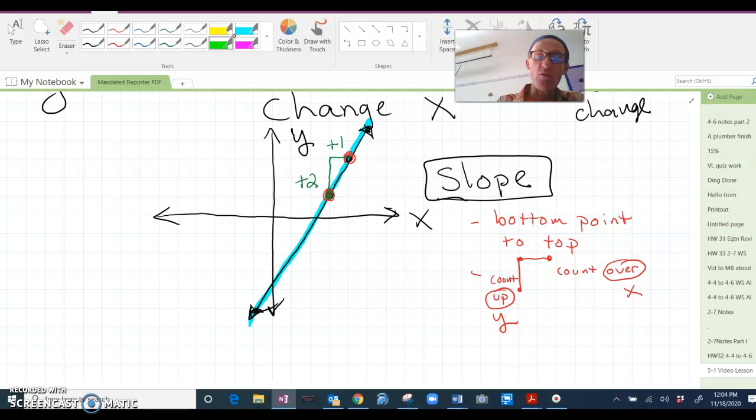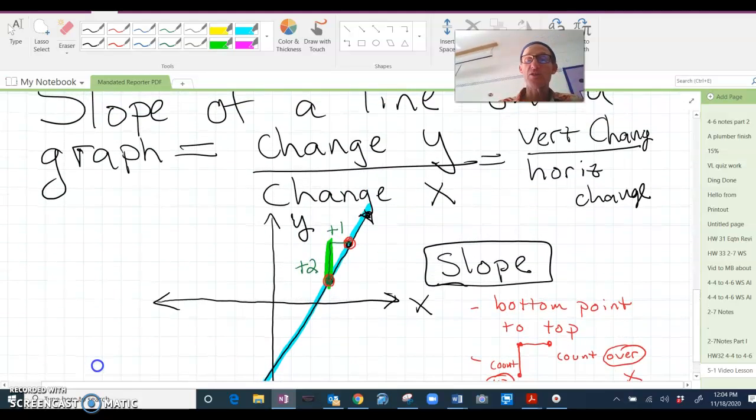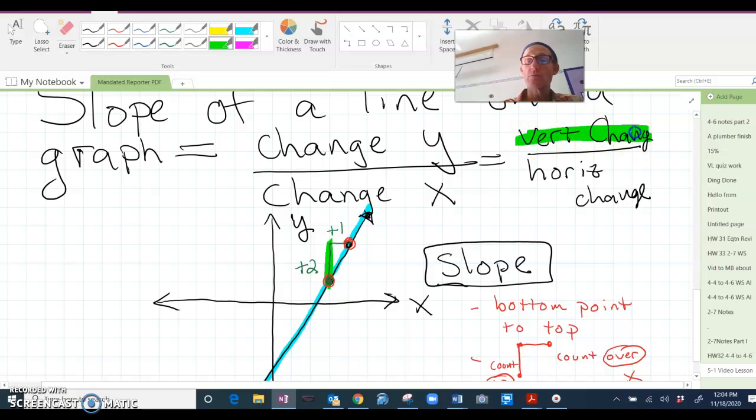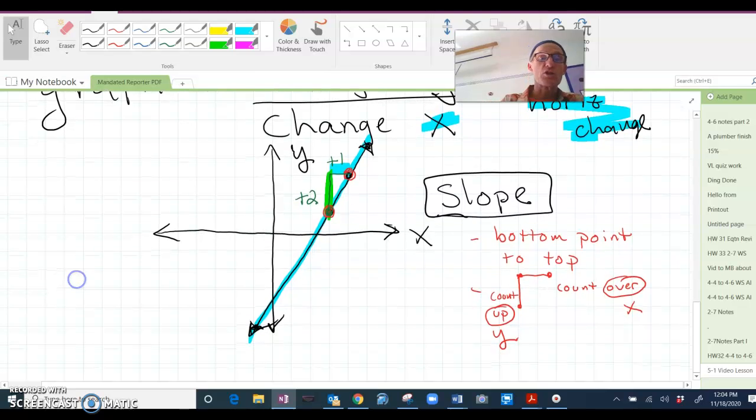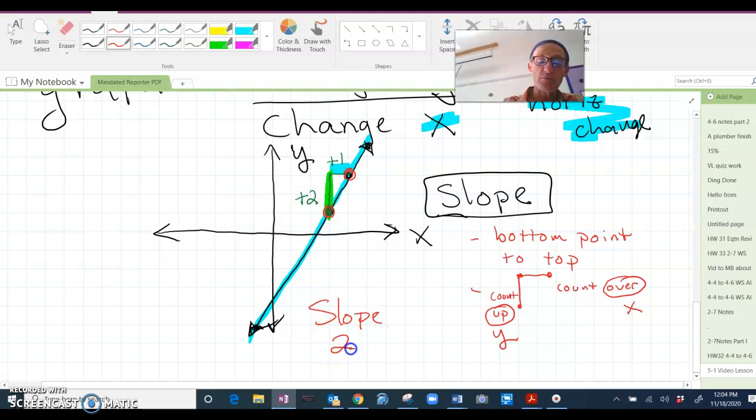So the change in y, which is the vertical change, and then the change in x, which is the horizontal change. So the slope of this line is +2 over +1 equals 2.